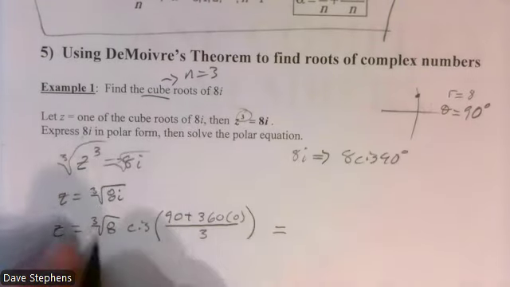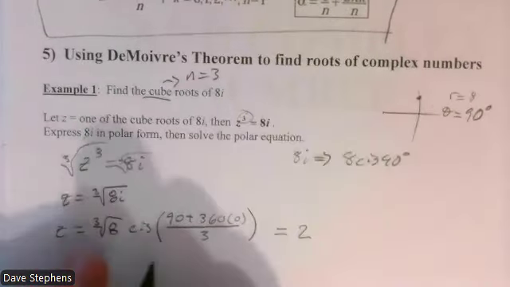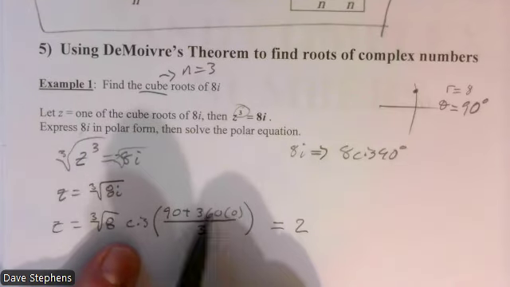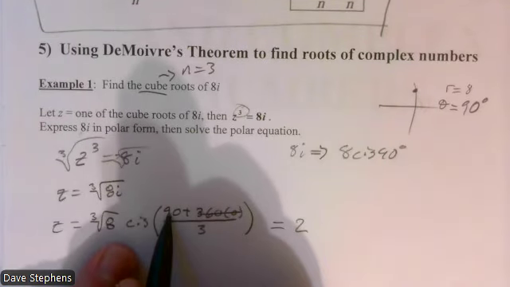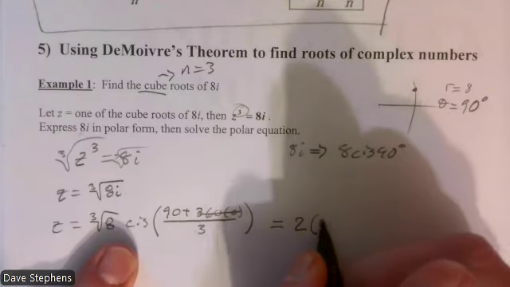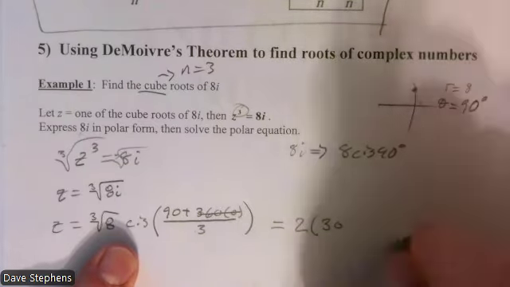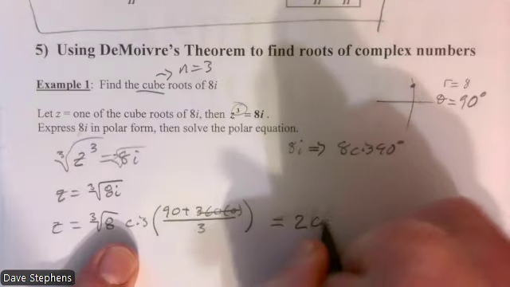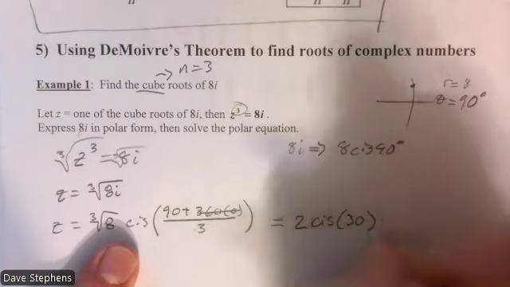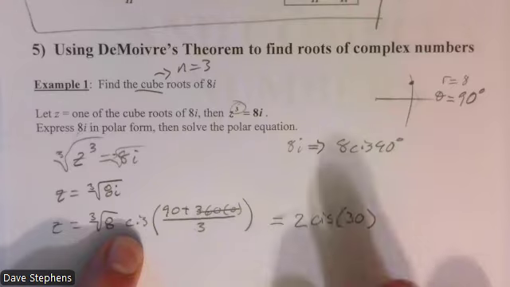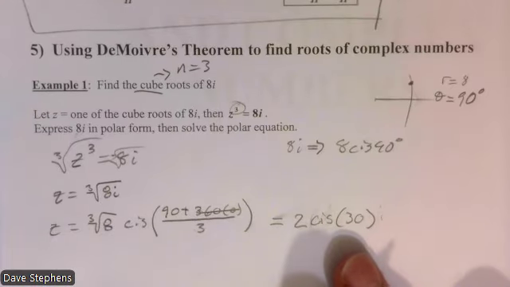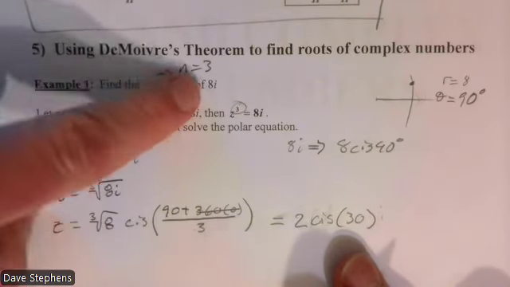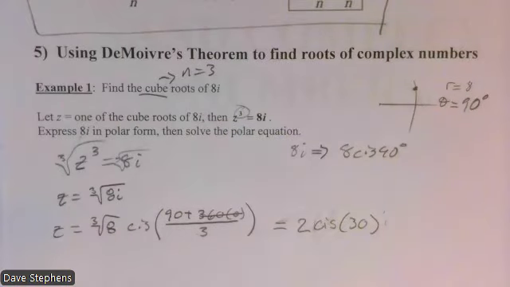And the cube root of 8 is 2. 0 times 360, well, that's gone. 90 divided by 3 is 30. So we get 2 CIS 30. So that's one complex number. Whenever I cube it, I get 8i back.